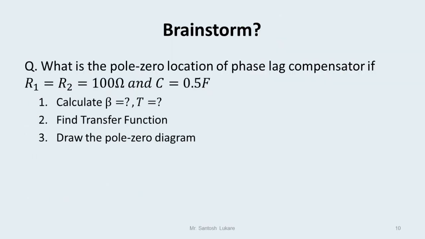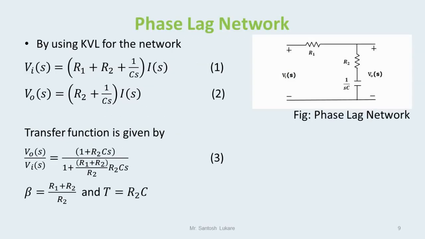So here we can call this a phase lag network. Why can we call it a phase lag network? Just before this slide we observed the magnitude and phase response of the typical phase lag network.